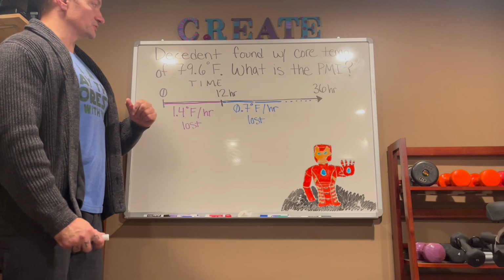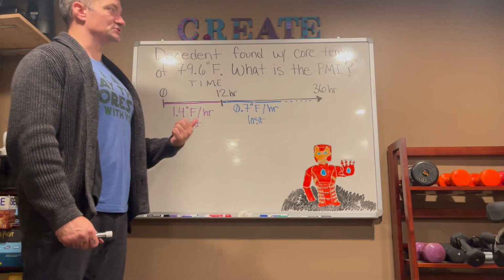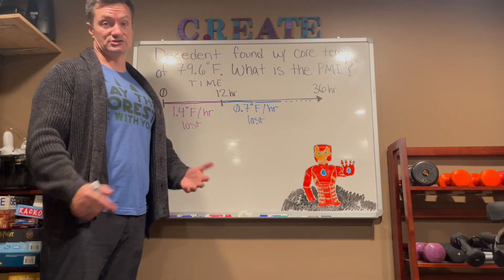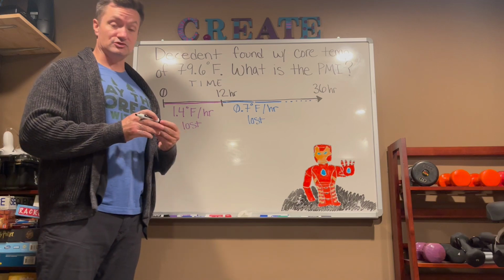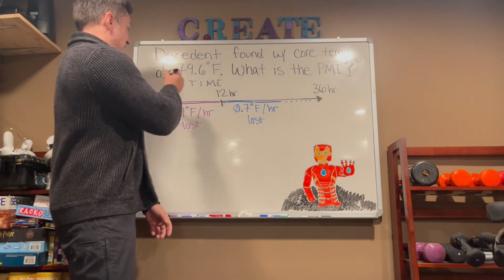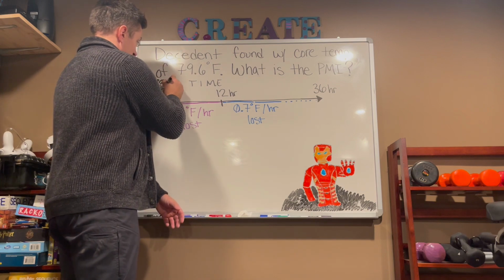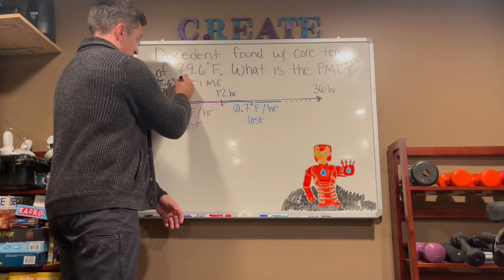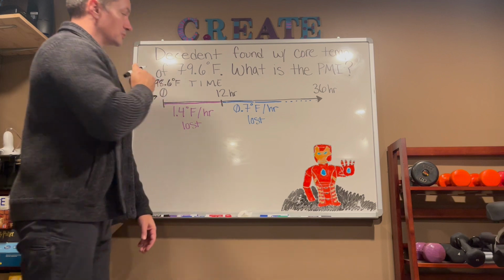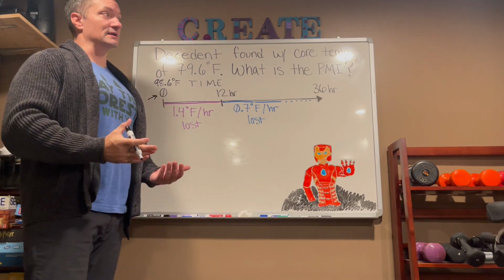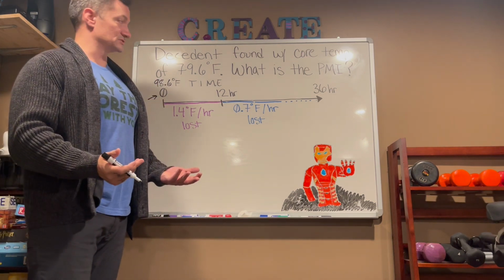So the way that we do this is we have to calculate how much heat this person's body lost. Now, hopefully you remember what the average human body temperature is, and that is 98.6 degrees Fahrenheit. So at time 0, right when this person died, their body temperature was probably 98.6 degrees.